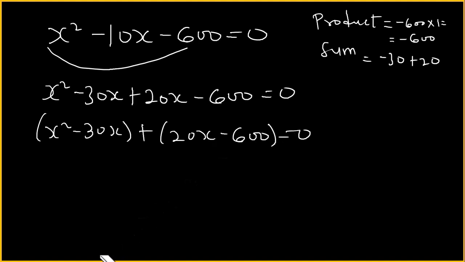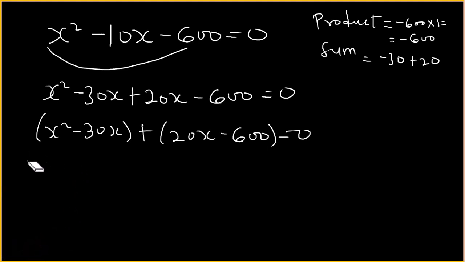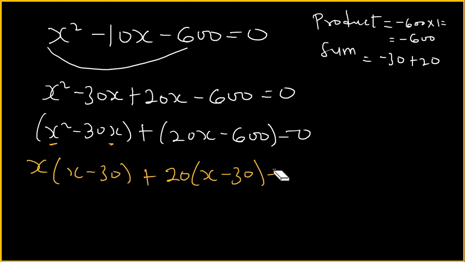Let's group this in factors. Now let's factor out the common term outside our bracket. From the first group we take out x, giving x minus 30, and from the second we take out 20, giving x minus 30, is equal to 0.